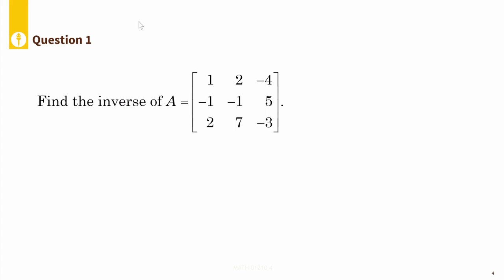Here's the method. Take your matrix, augment it with the appropriate size identity matrix. Then row reduce it.